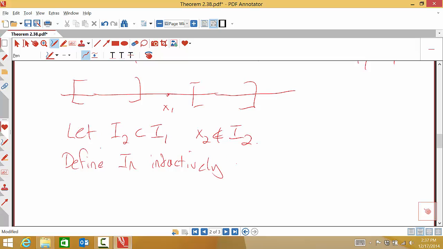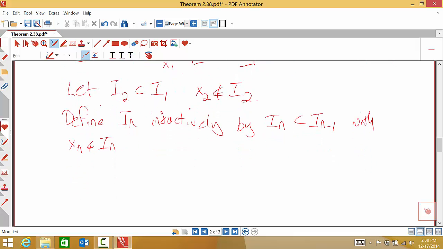Okay, we're going to define it inductively. I sub n is going to be a subset of I sub n minus 1, where I'm just going to throw away one point, making sure x sub n is not in I sub n.